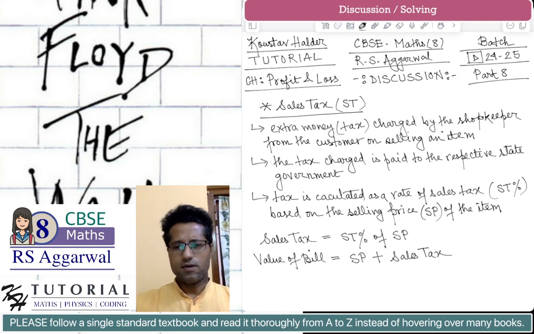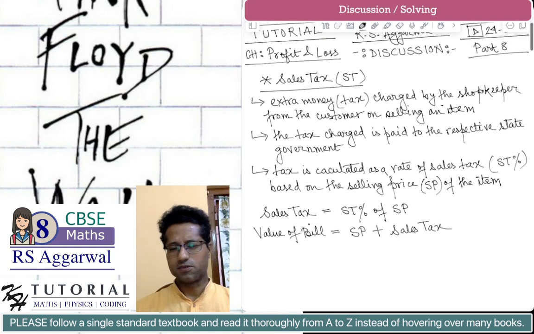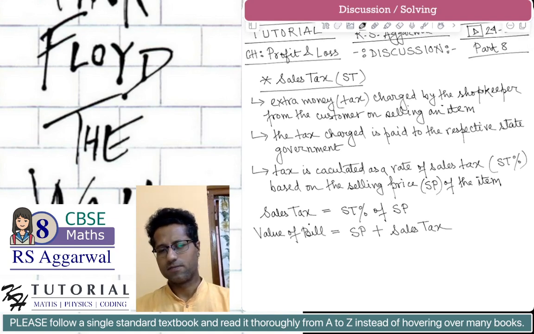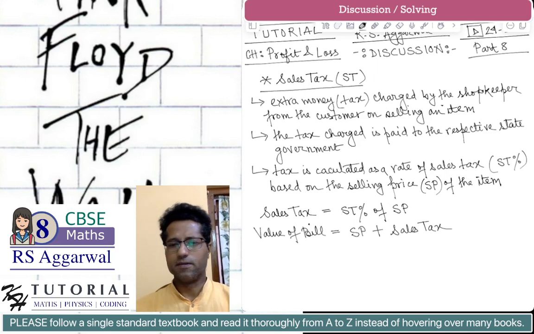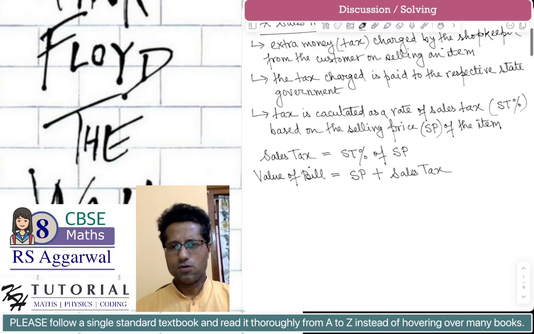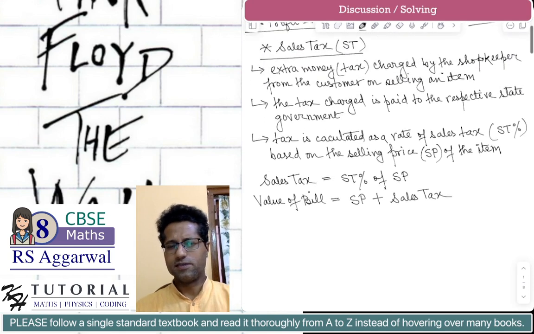So you can see the sales tax is equal to the sales tax percentage of the selling price, and so the final bill of the customer, that is the final amount or the price the customer has to pay for an article, is equal to the selling price plus the sales tax. And what is sales tax? Sales tax is the sales tax percentage of the selling price. So that is a sales tax.